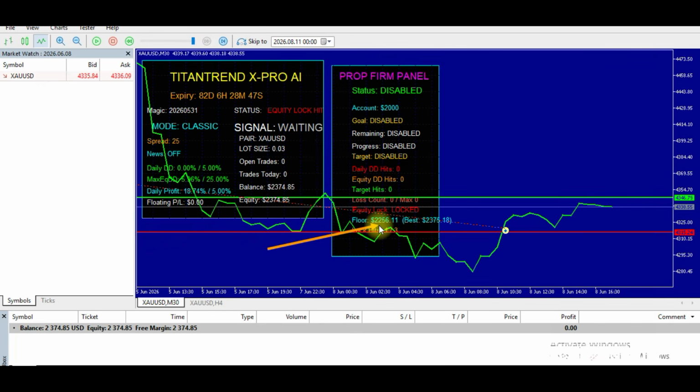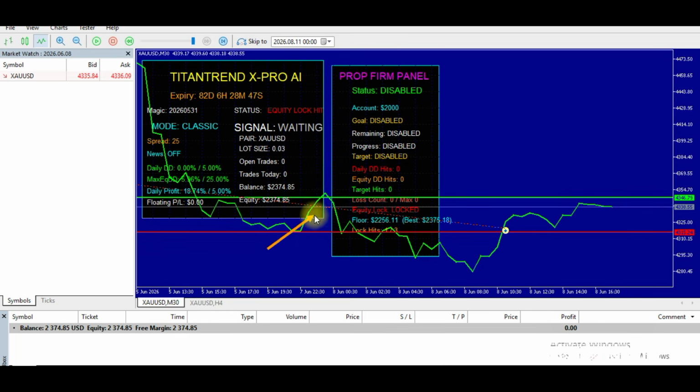The difference is this one: 2,256. This is what is locked. Then the remaining balance from $2,374. You understand? And this 2,256 is the floor, meaning the amount that has been locked.